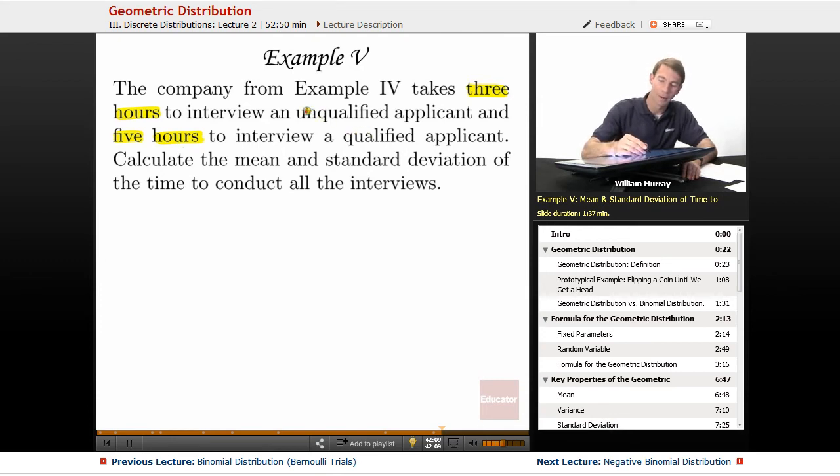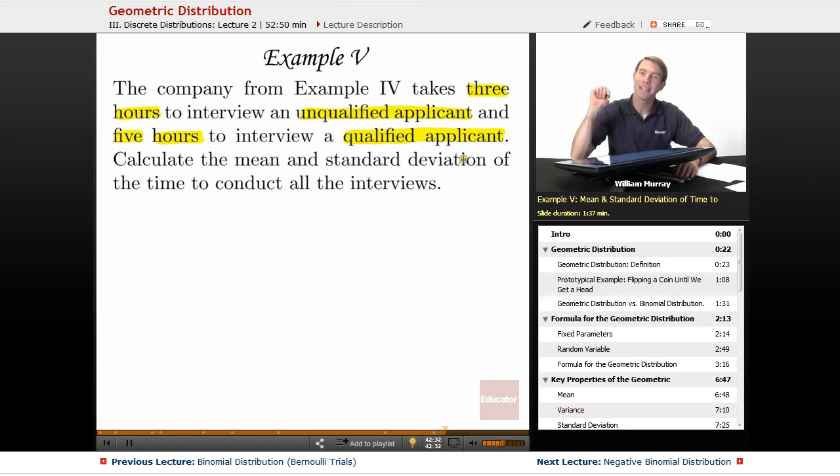So all of these people that don't meet the qualifications, it's going to take 3 hours each for us to figure out that these people are actually bums and don't deserve to be here. And then when we finally get somebody that we think is qualified, we're going to interview them for an extra 2 hours just to make sure that they really are the right person for this job.